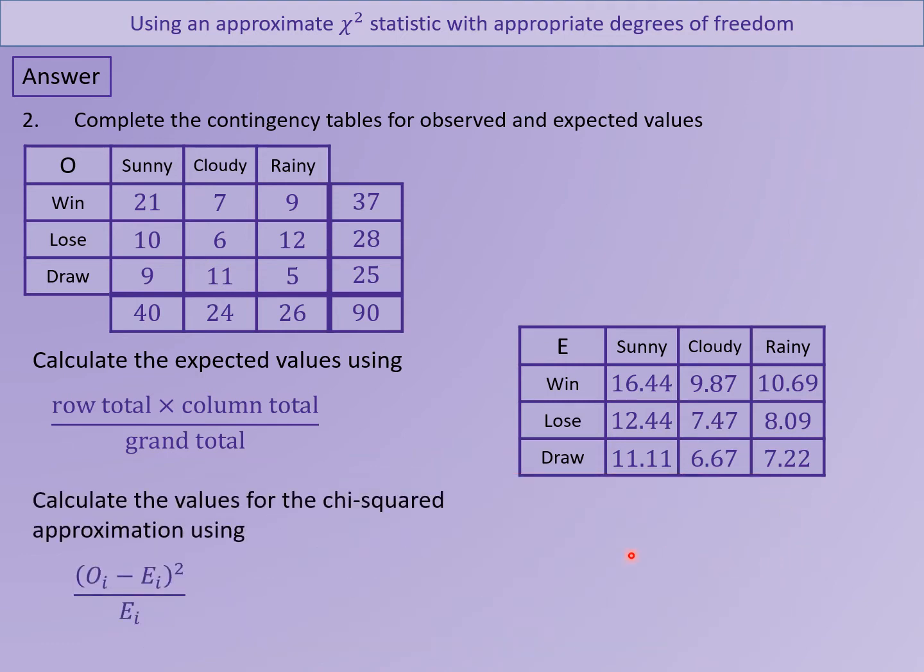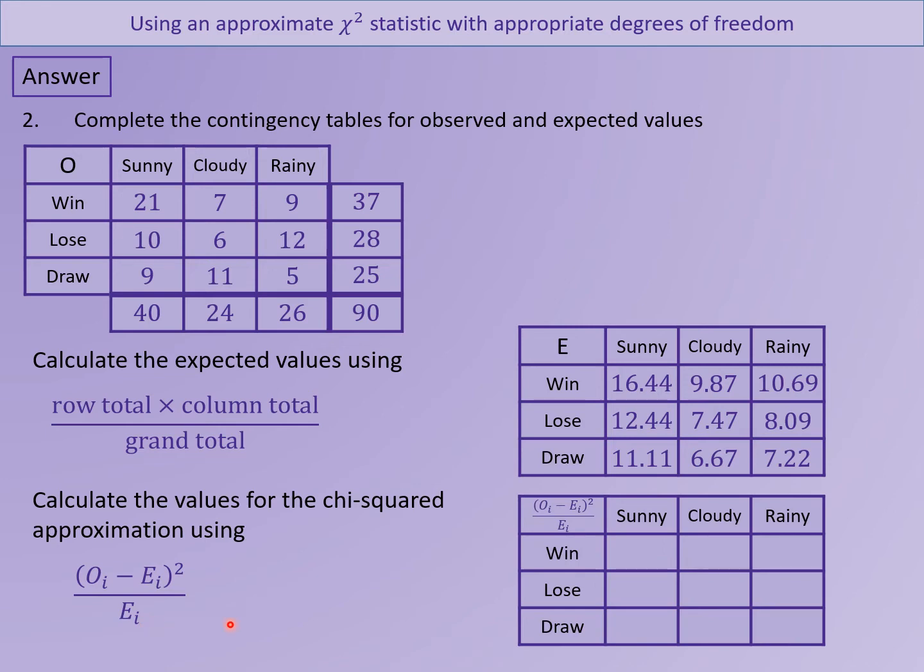Right. Once you've done that, we can calculate the values of the chi-squared approximation using this formula: the observed for each of the cells, take away the expected for the equivalent cell, squared, divided by the expected. So I can fill the table in then. It's the observed, which is 21, and the expected, which is 16.44. So you're basically looking at the difference between those two results.